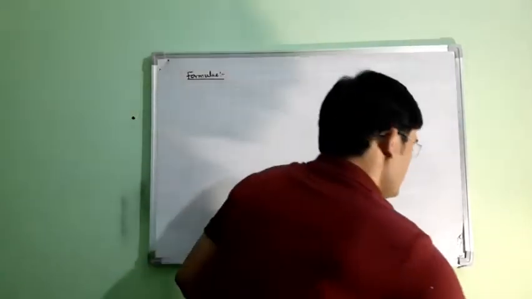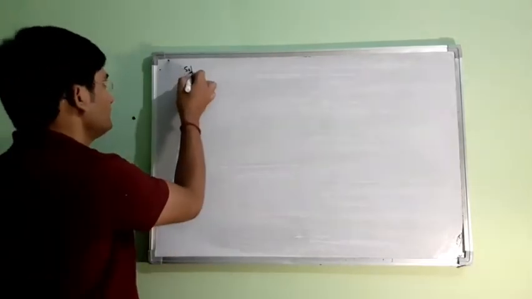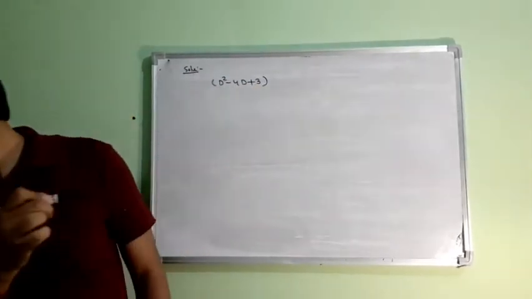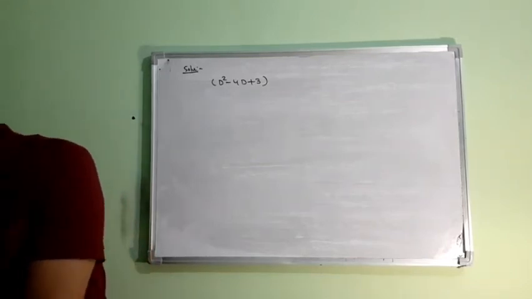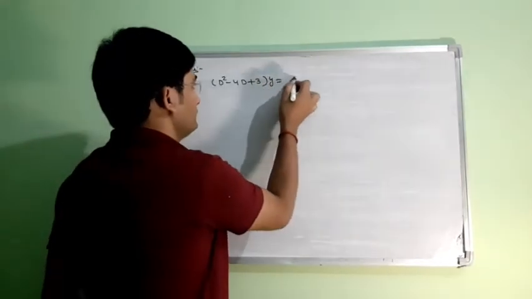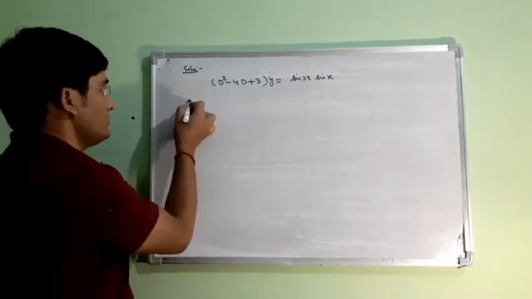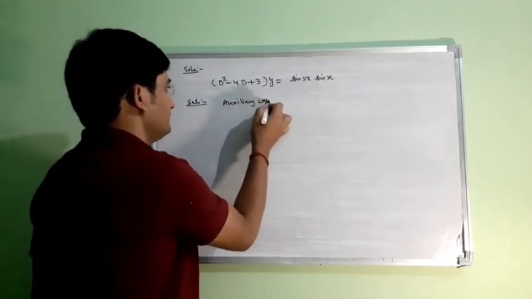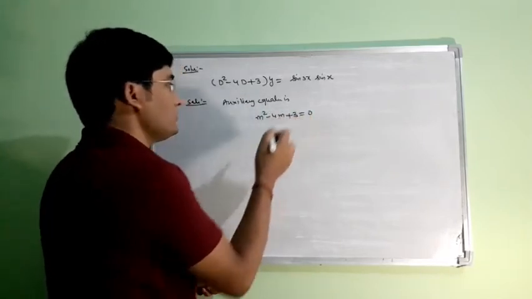Now before going to this formula, let us solve one more question, and the question is: solve D square minus 4D plus 3 of y equal to sine 3x into sine x. Let us solve this question. So the auxiliary equation will be m square minus 4m plus 3 equal to 0.